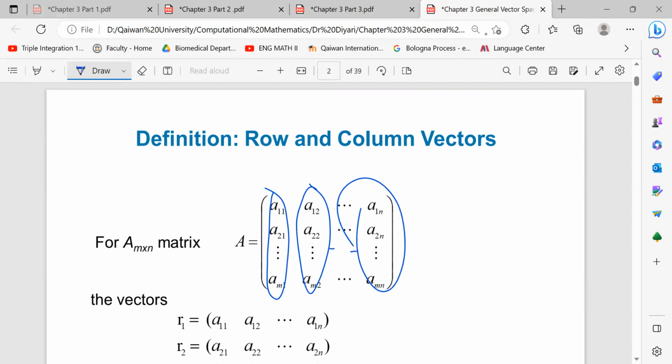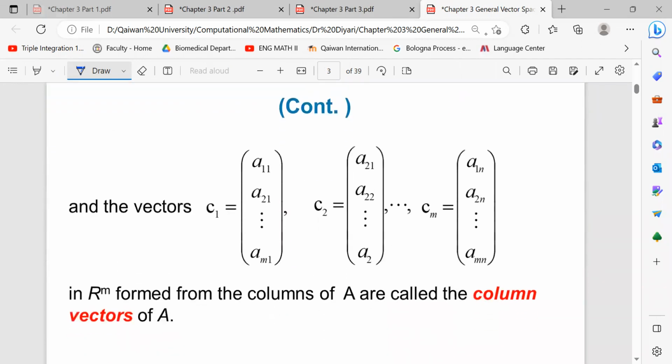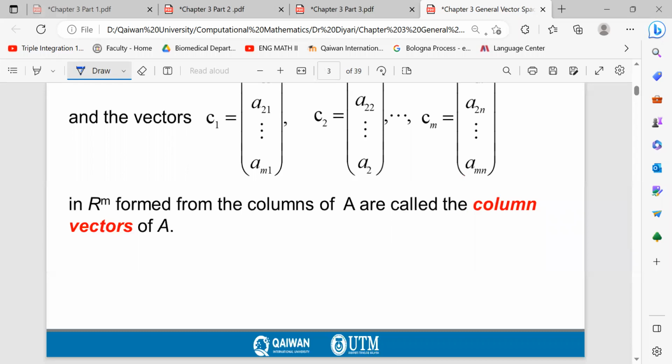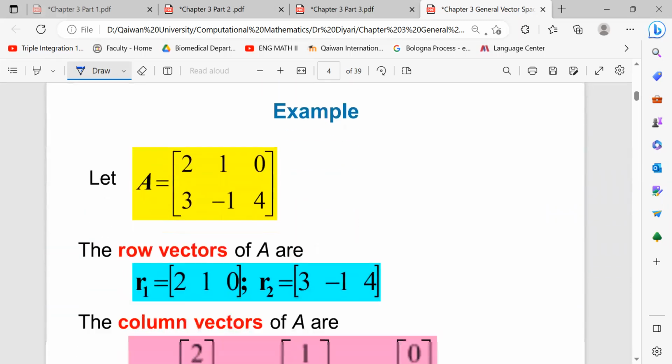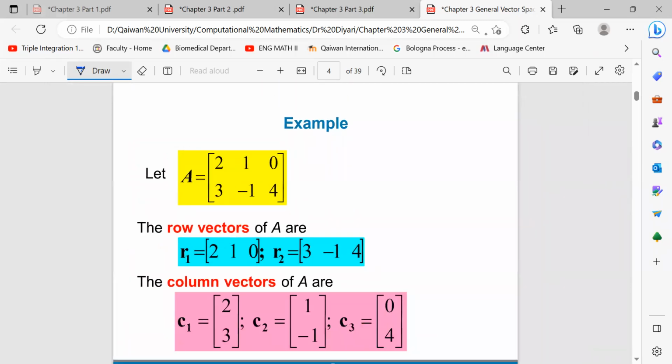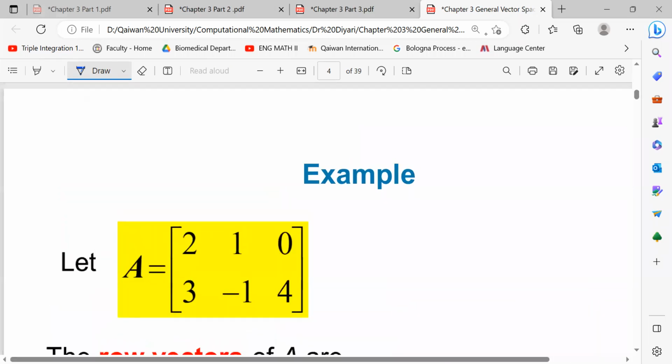So the list of all columns is called the column vectors, and the list of all rows is called the row vectors. Here we have an example. We are given this matrix.